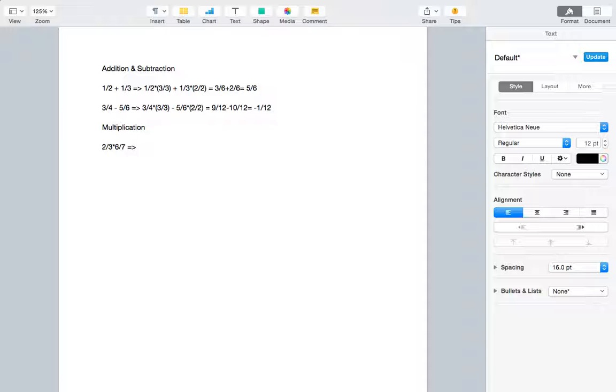You multiply the numerators and you multiply the denominators. So 2 times 6 is 12. 3 times 7, 21. Pretty simple. Dividing is a bit trickier.